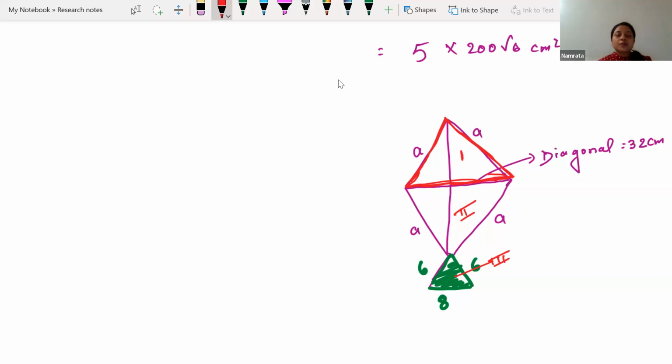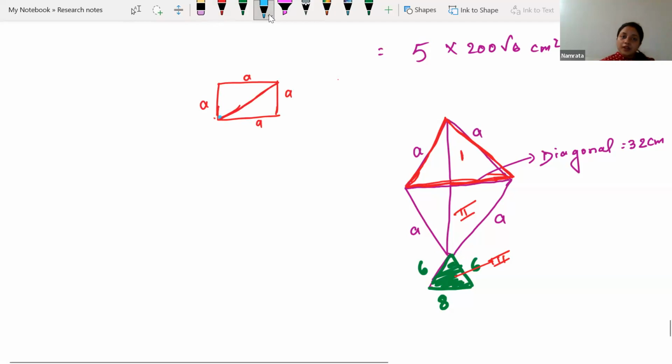We know diagonal means what? If we are having a square like this, where side is A, and A. And if we will be drawing the diagonal like this, we can see here we are having a right angle triangle.